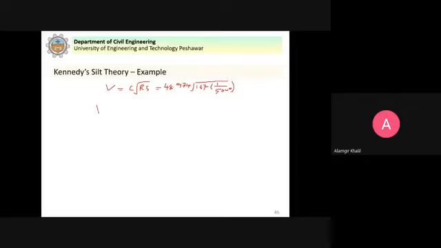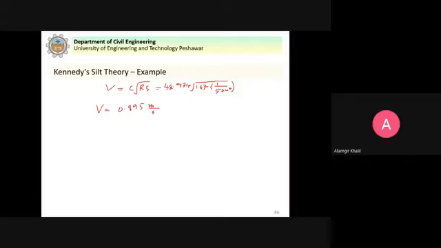So we can calculate this velocity here. This is the actual mean velocity. Remember, this is the actual mean velocity. It comes out to be 0.895 meter per second.